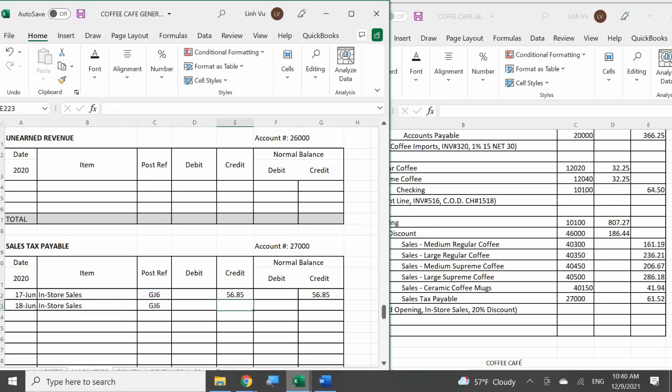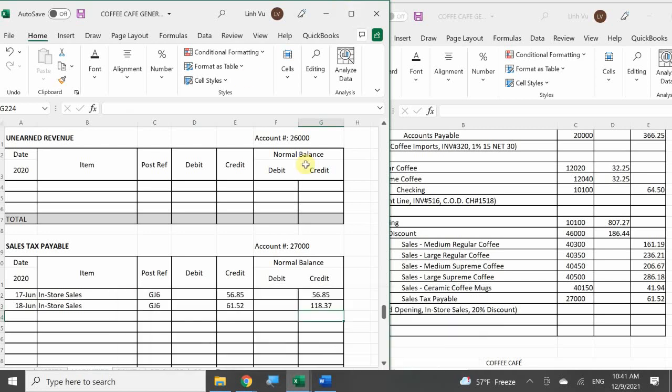For a total of $61.52, which brings my account balance to be 118.37. Oh, yeah. Okay, good.